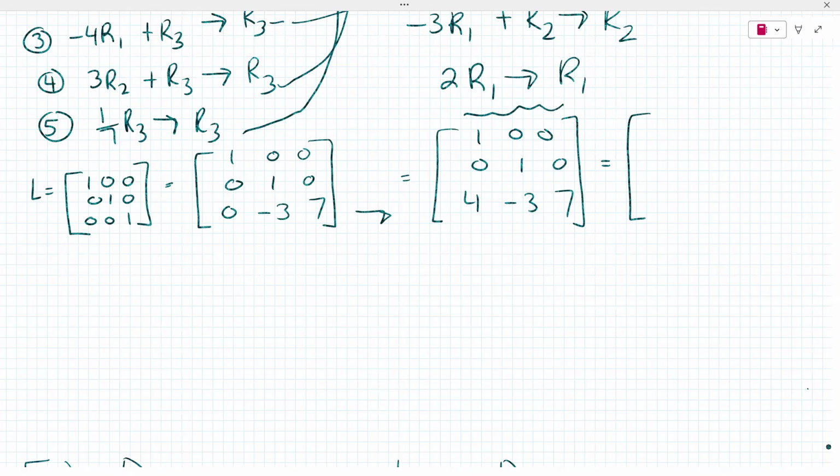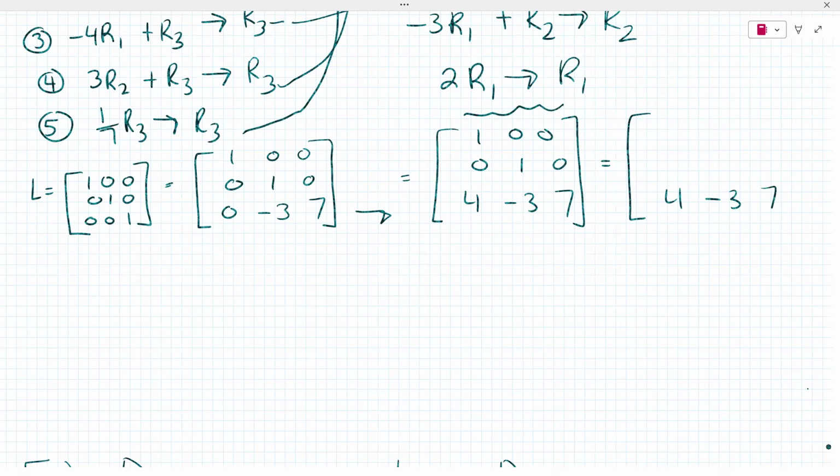So when you do that, it should give you 4 -3 7, 0 1 0.